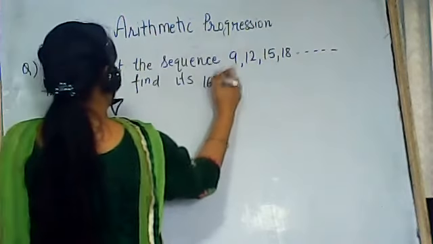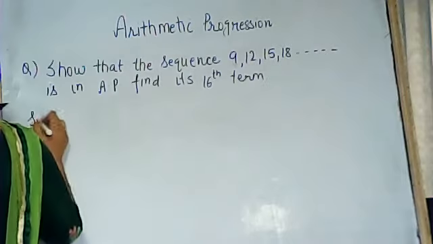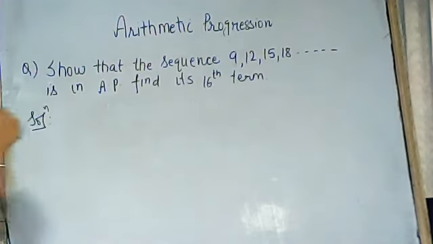Also find its 16th term. So this is the first example of arithmetic progression.